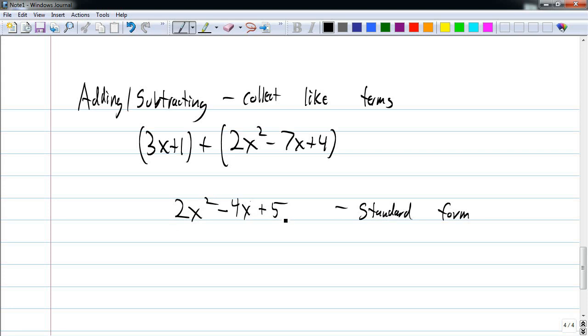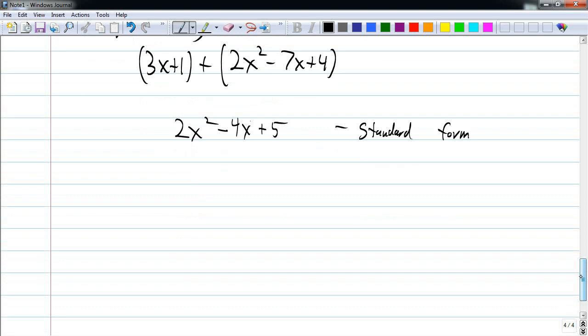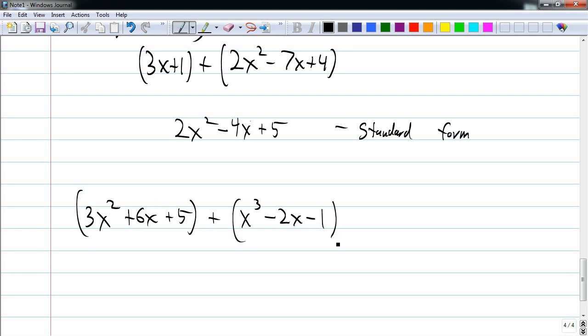Okay, let's take a look at another adding example. Let's add up 3x squared plus 6x plus 5. Let's add that to x to the third minus 2x minus 1. Now, each of these trinomials are once again in standard form. I write the term with the largest exponent first, and then I let them count down after that.